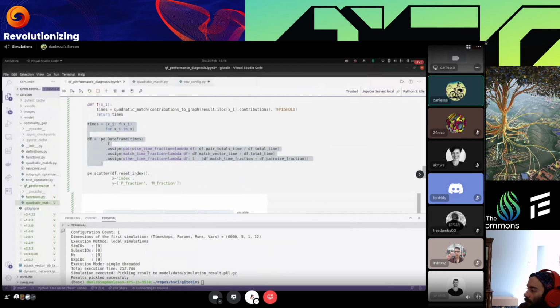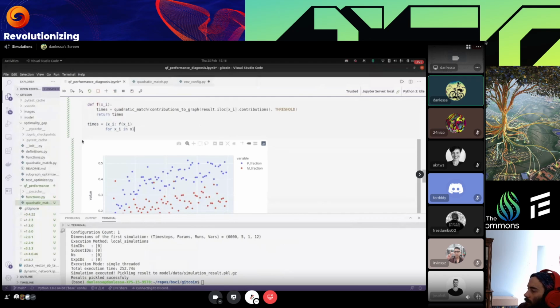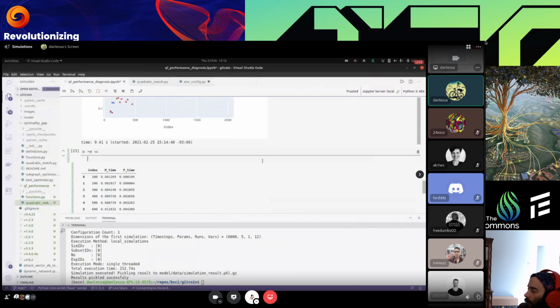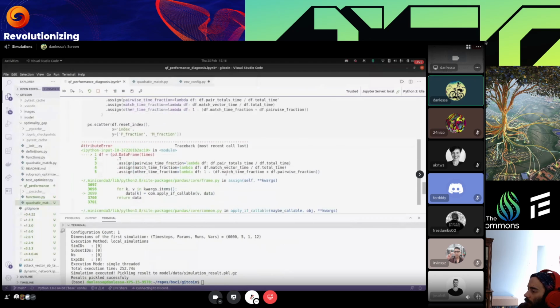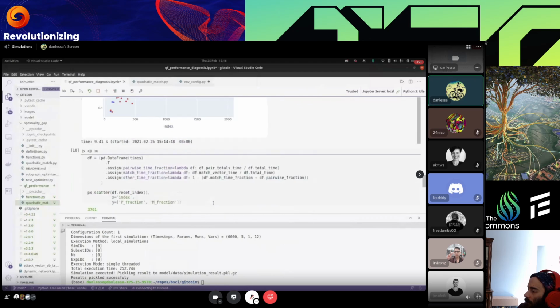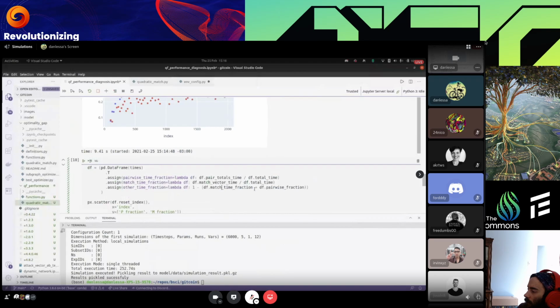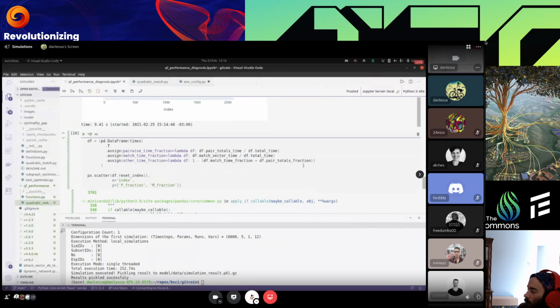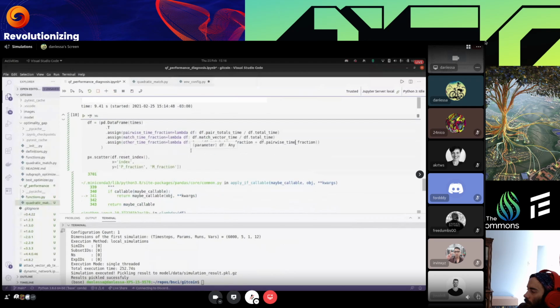I'm going to do that after so that we don't need to run everything again in terms of calculating the quadratic function. That's why I did that. So pair totals. Oops. And here we put pairwise time fraction, match time fraction, and other time fraction.